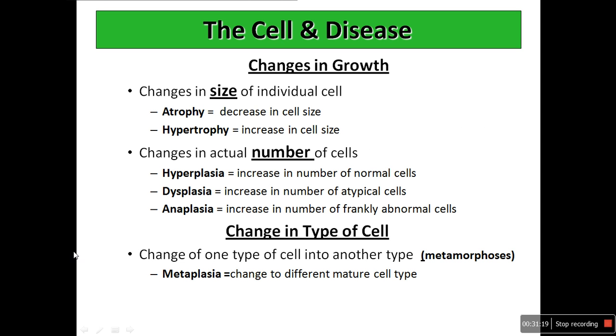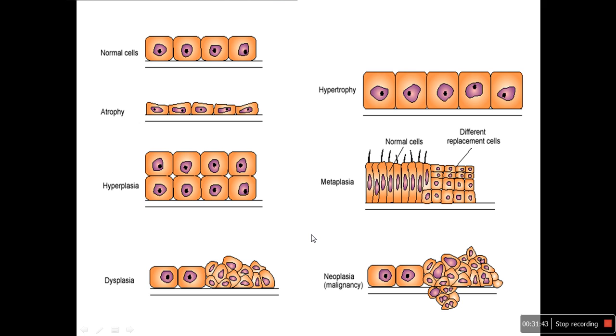So dysplasia is increase in a number of atypical cells, dissimilar cells. Hyperplasia is increase in a number of normal cells, one type of cells. Anaplasia is increase in number of frankly abnormal cells.